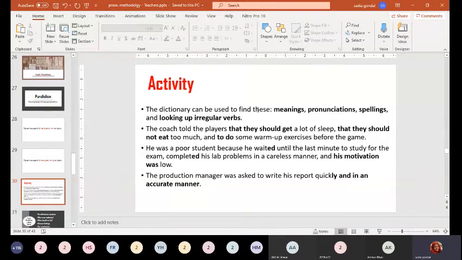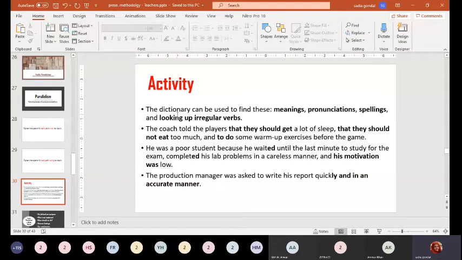The dictionary can be used to find these meanings, pronunciations, spellings, and... now this was all making a set. Meanings, pronunciations, spellings, and looking up irregular verbs.